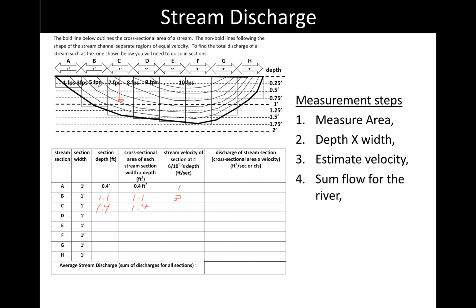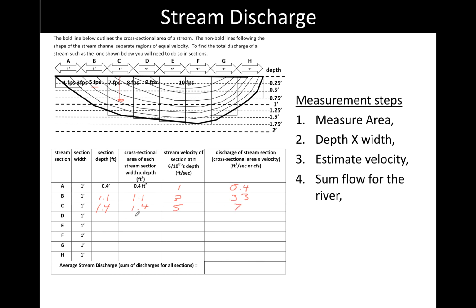Well, you're in the 5 feet per second, so this would become a 5. Okay. So let me just fill this back in. 0.4, 3.3. Now it's 1.4 times 5. Gives us 7, so this becomes 7.